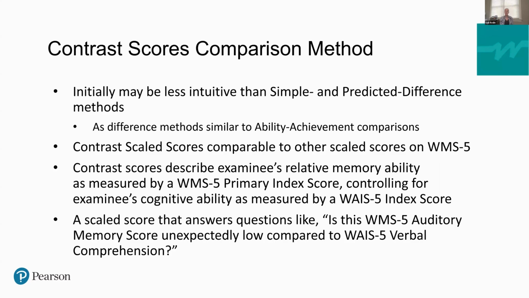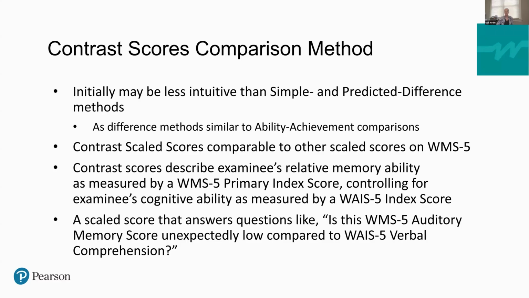Contrast scaled scores are comparable to any other scaled scores on WMS 5. That is, they have a mean of 10 and a standard deviation of 3, but they're special and very powerful.